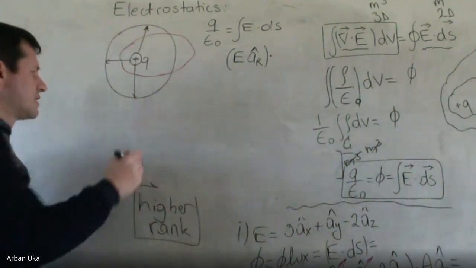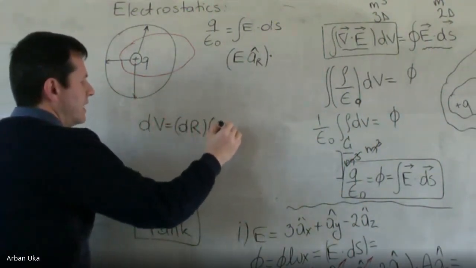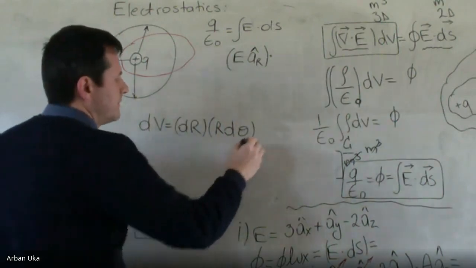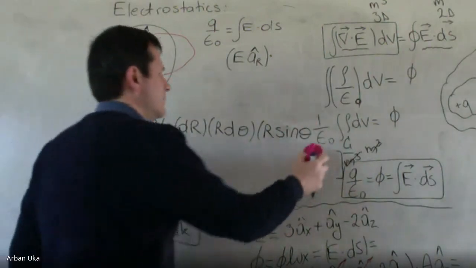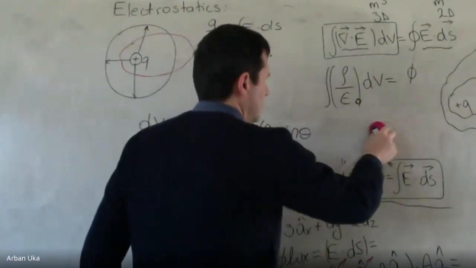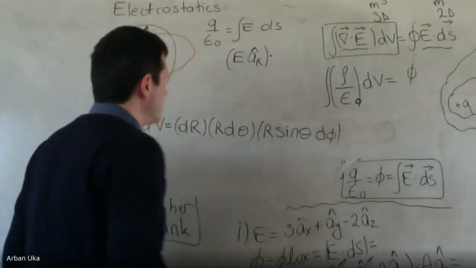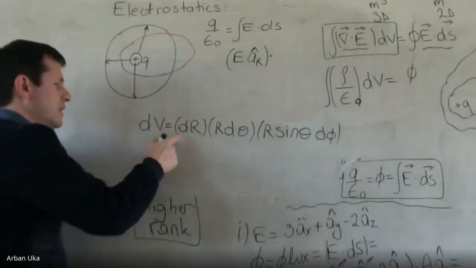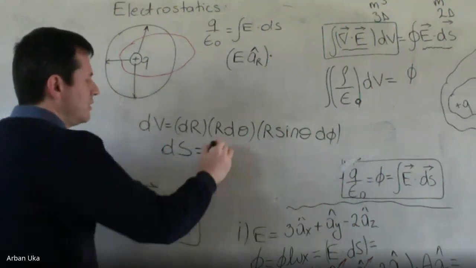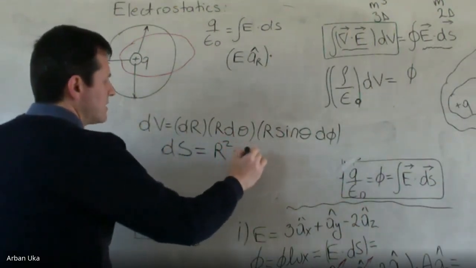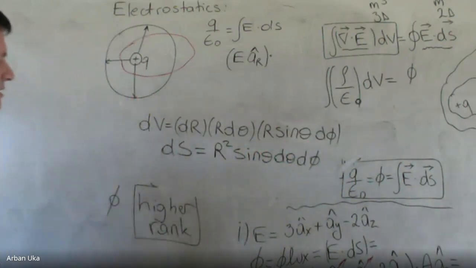In spherical coordinate system, the d volume is equal to dr, then r d theta, times r sine theta d phi. So this is the d volume. If we fix a constant r, the surface area element dS is going to be equal to r squared sine theta d theta d phi. Okay. So this is the surface area element.